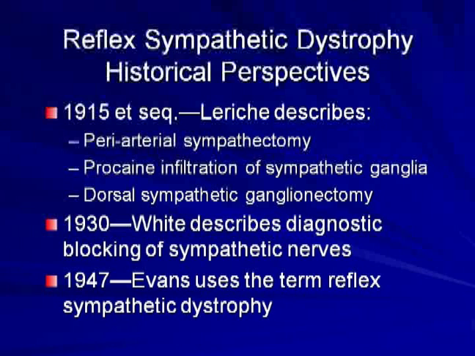In 1915 and following, Leriche, a French vascular surgeon, described sympathectomies, surgical periarterial sympathectomies, for the treatment of causalgic pain. And he also described procaine, which was developed in the early 1900s.